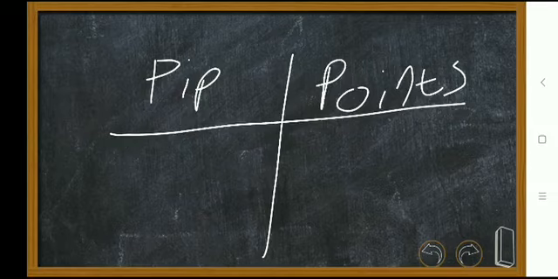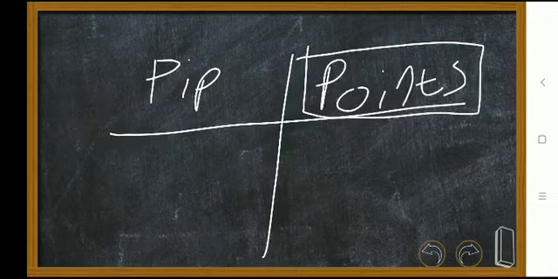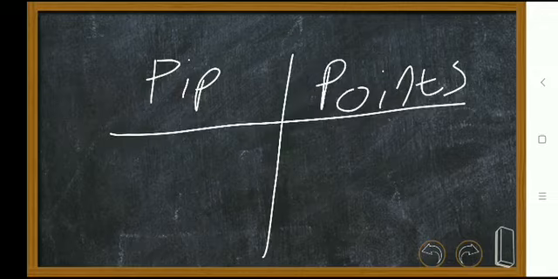So, okay, we're back to pips and points. Because on the market you will be seeing these terms very often, especially this one, point. But then when we talk, we will talk in pips.